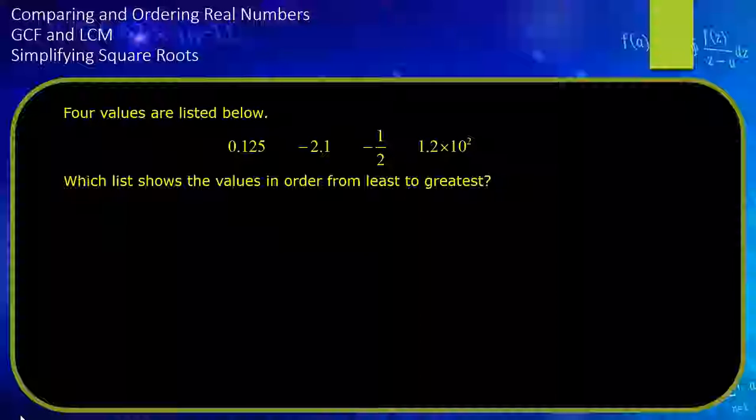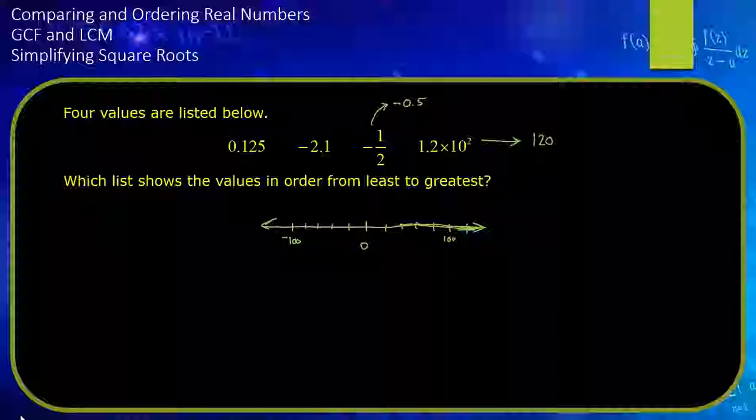But when I turn these all into decimals, the negative 1/2 is negative 0.5, and 1.2 times 10 squared is actually 120. So when I plot the 0.125, it's pretty much right there. I'm scaling these, I think it's going by 20s. So negative 2.1 is going to be on the other side of 0.